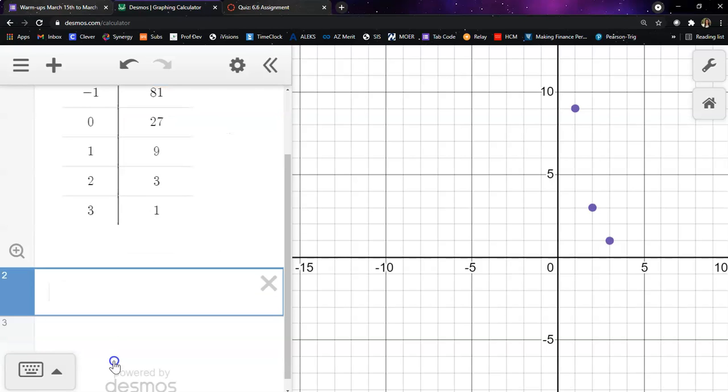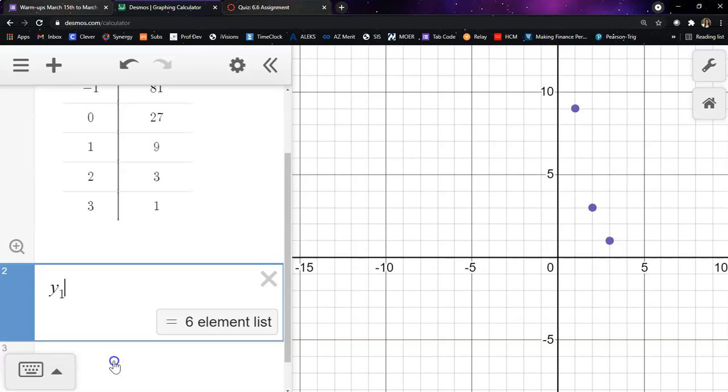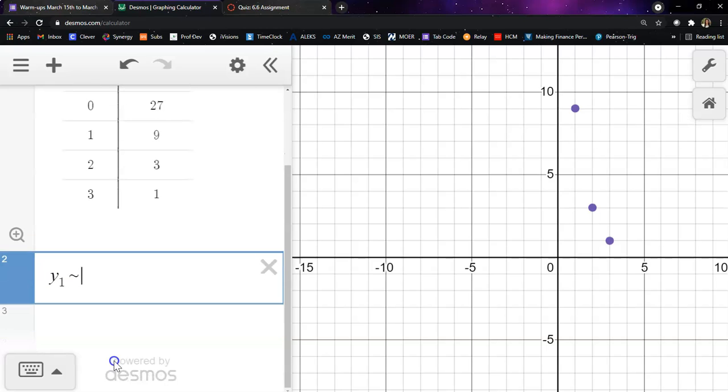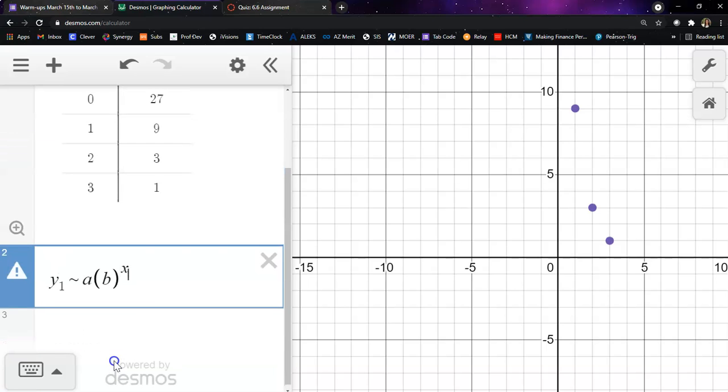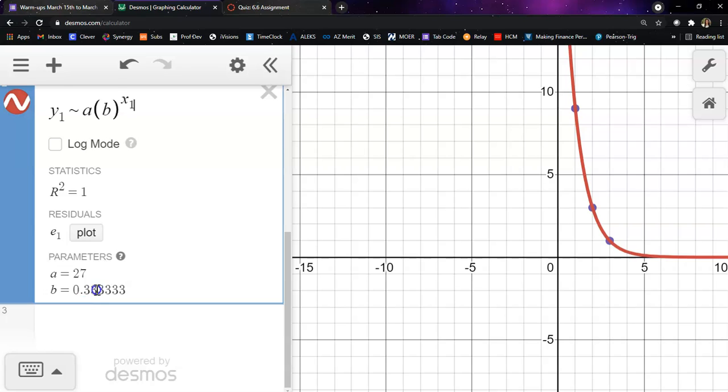So once I type in my points, my table was y1, x1, y1, so I can go ahead and type this in. And for my equation, it gives me, does this not turn back into a fraction? That's annoying. 3 repeating is 1/3. So I'm going to have 27 on the outside and 1/3 on the inside.